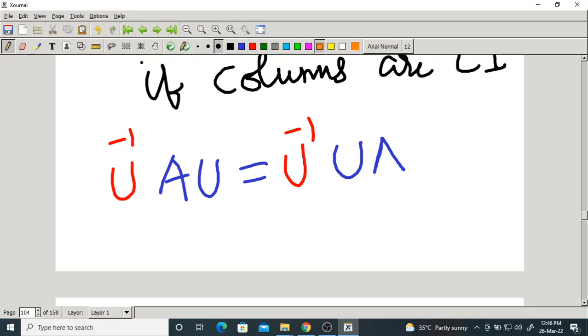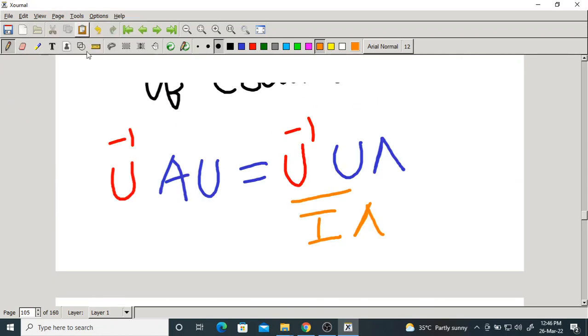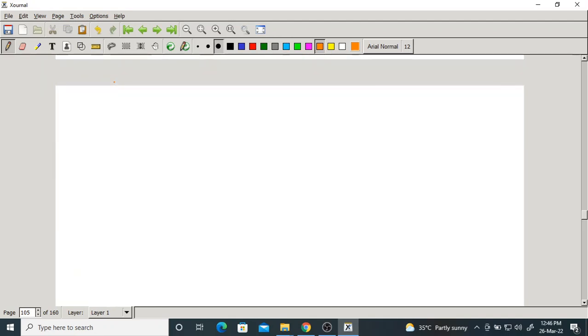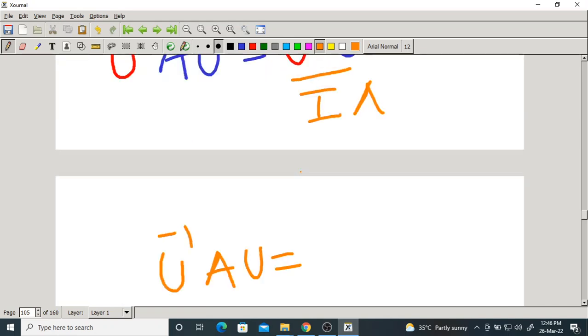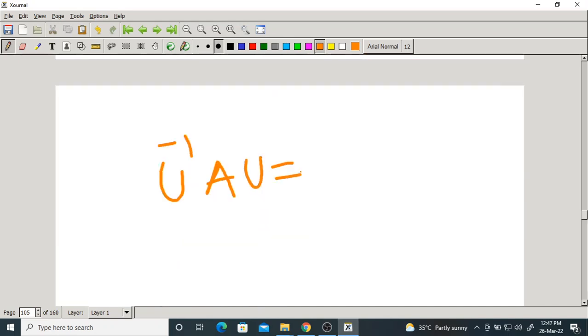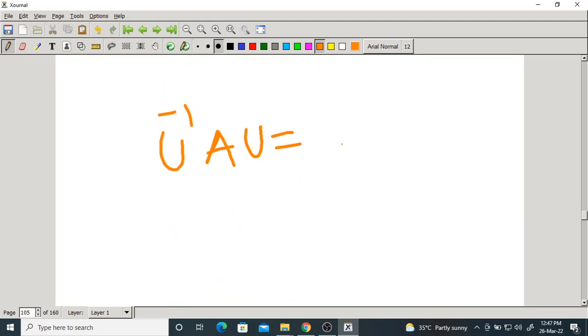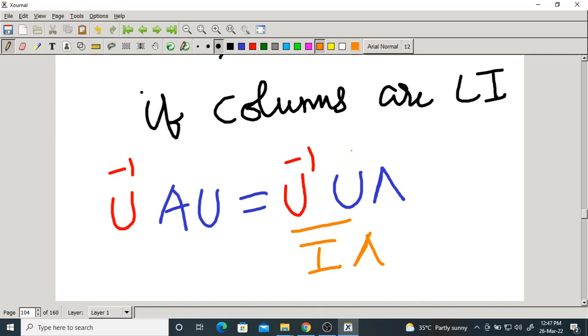What will happen? U inverse U is I. I into lambda. So U inverse AU equal to lambda. That is pre-multiplication.